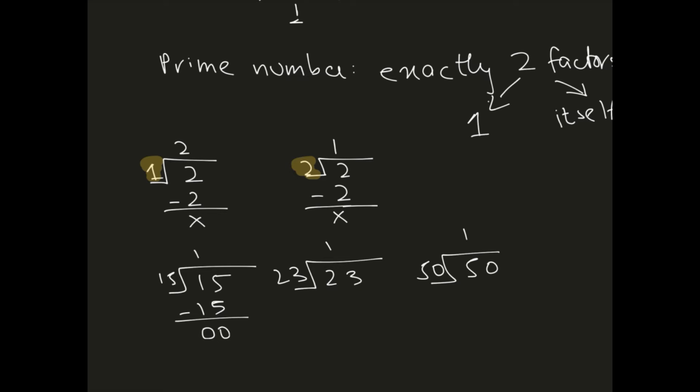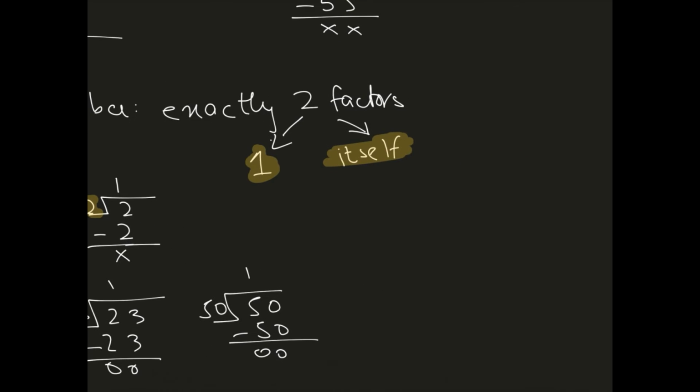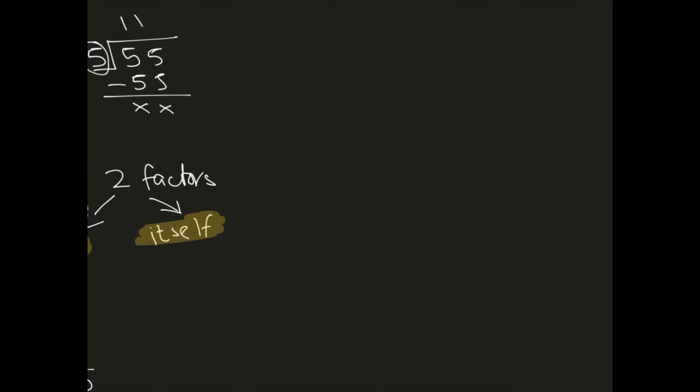So every number is a factor of itself, no matter how big or small. This condition is always fulfilled: every number will be a factor of itself and every number will have factor 1, right?